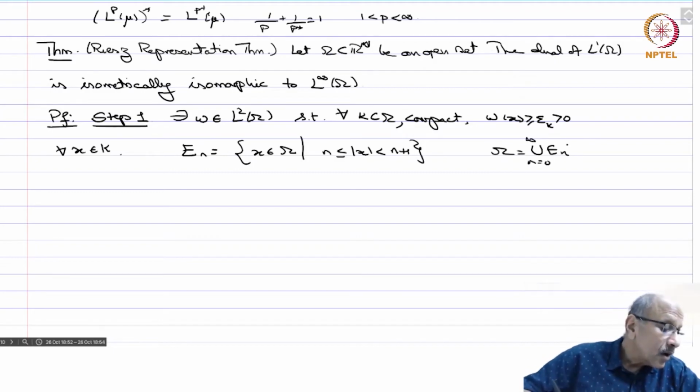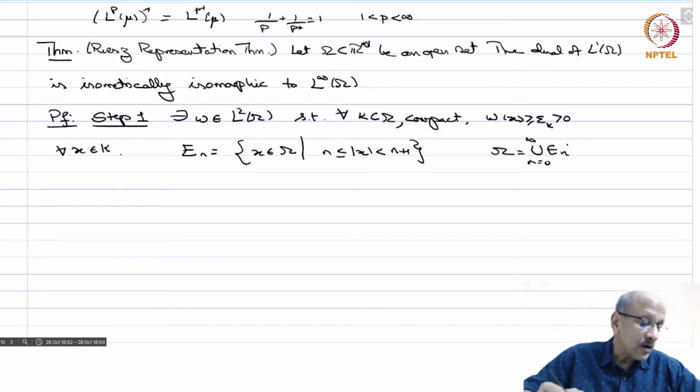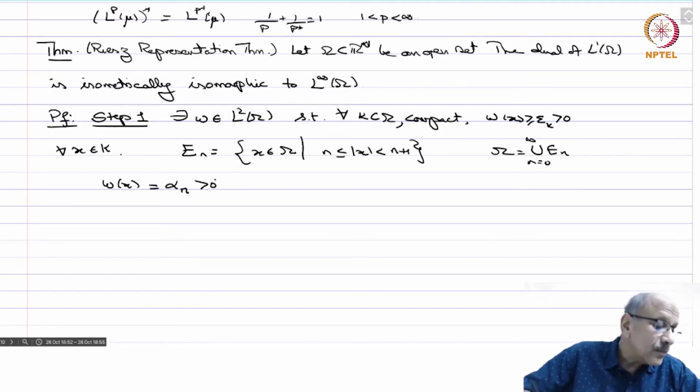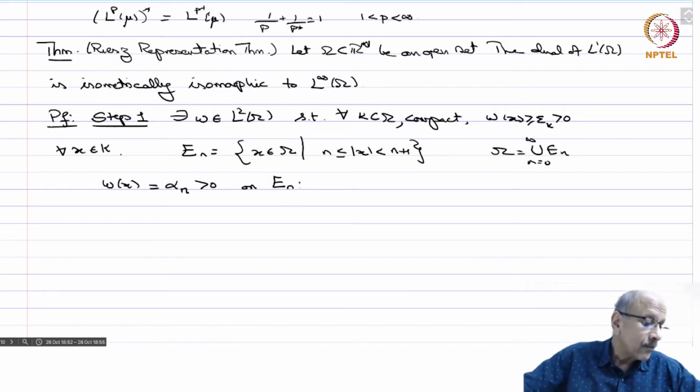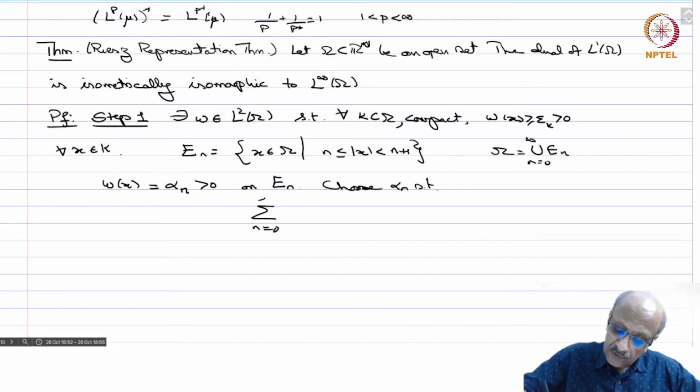Then you set W(x) equal to alpha_n, strictly bigger than 0 on E_n, and choose alpha_n such that the sum over n from 0 to infinity of alpha_n squared times |E_n| is finite.